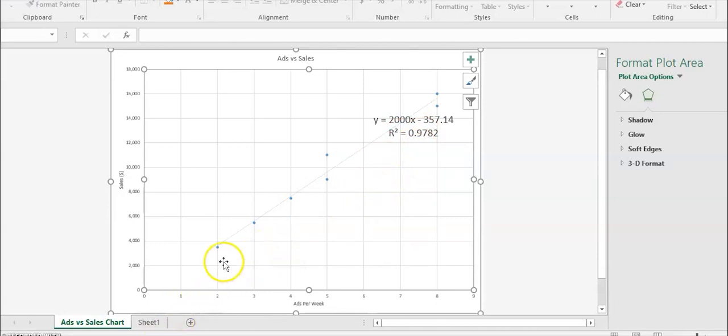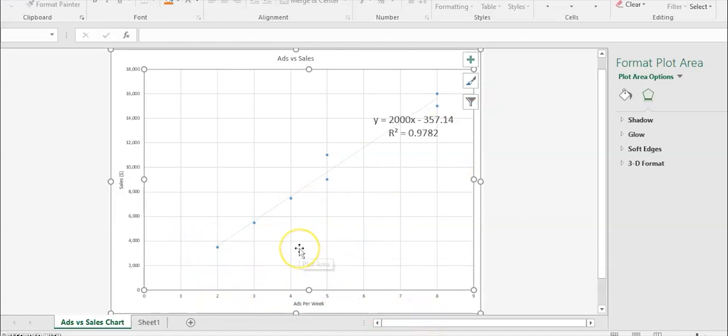I wanted to add as well that our chart, our line, doesn't go beyond what our data is given. So we weren't given data less than 2 ads, and we weren't given data for greater than 8 ads. So we can only use this model between the data points that were given, in this case x being 2 to 8.